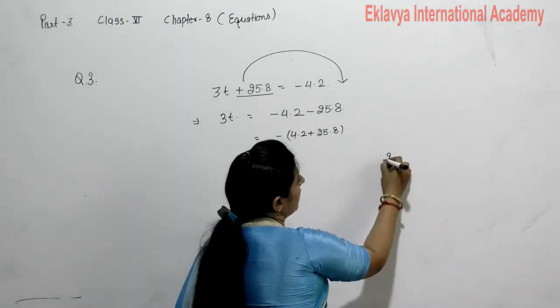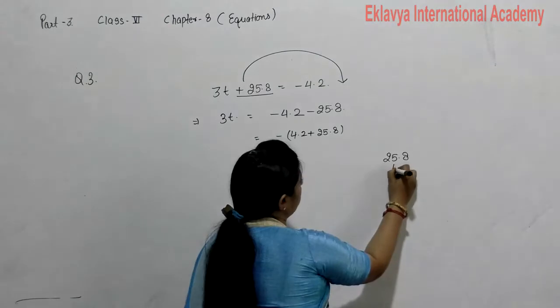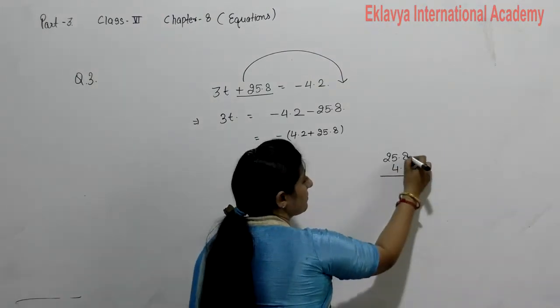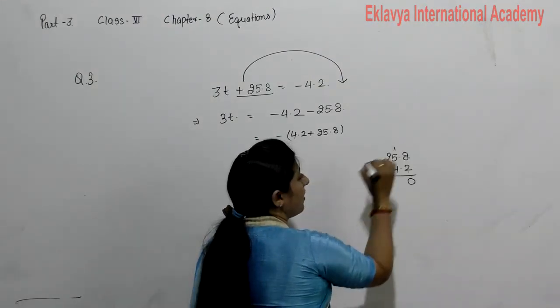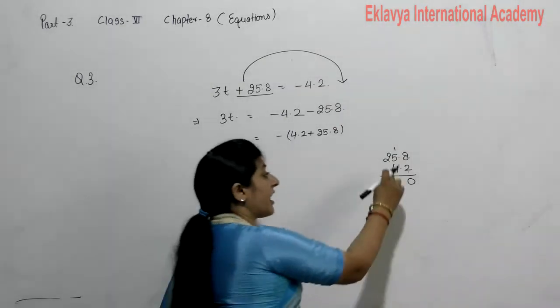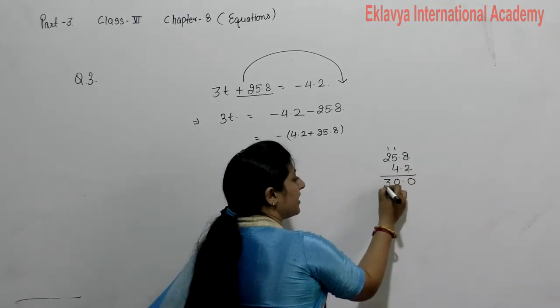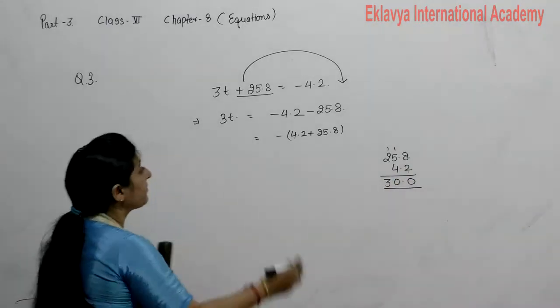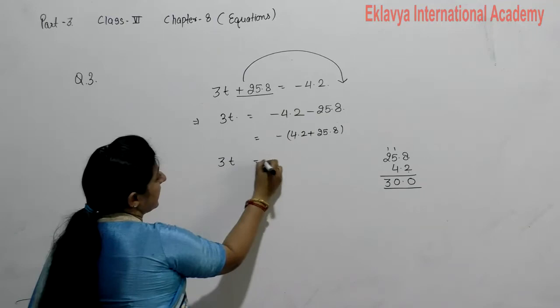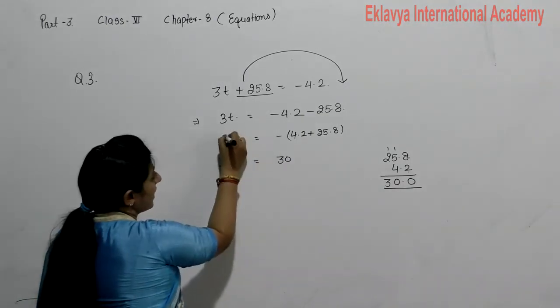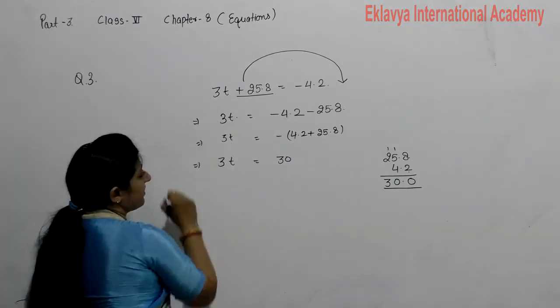So do here 25.8 plus 4.2. 8 plus 2 is 10, 1 carry here. 5 plus 4 is 9, or 1 is 10. Then 1 carry here, it becomes 30. Then it becomes 3t is equal to 30. First step we have done.